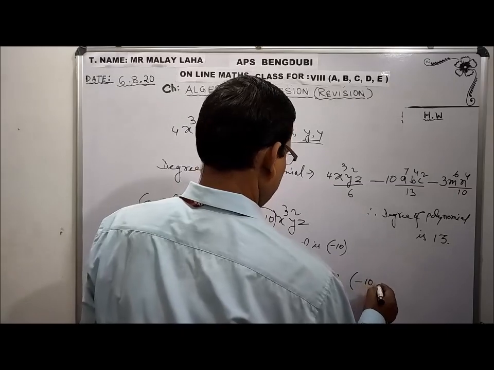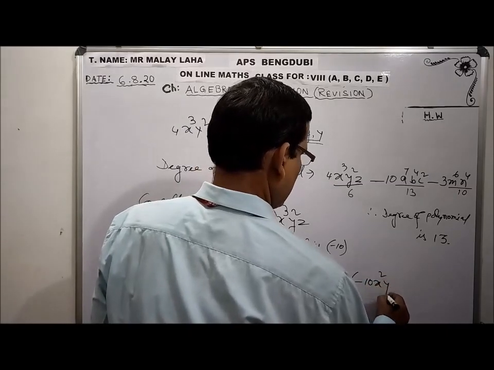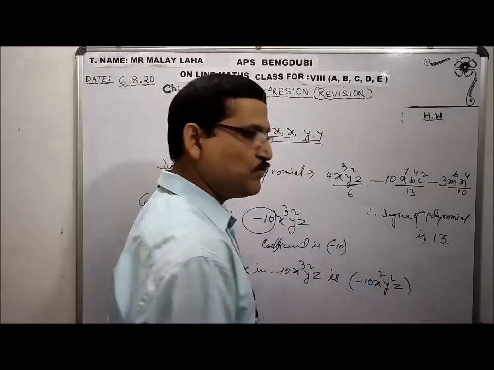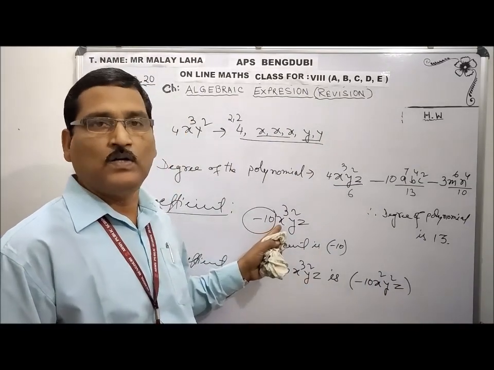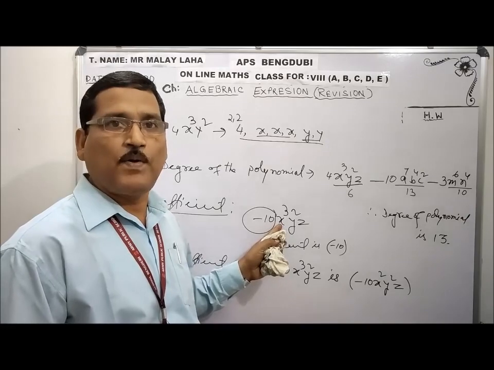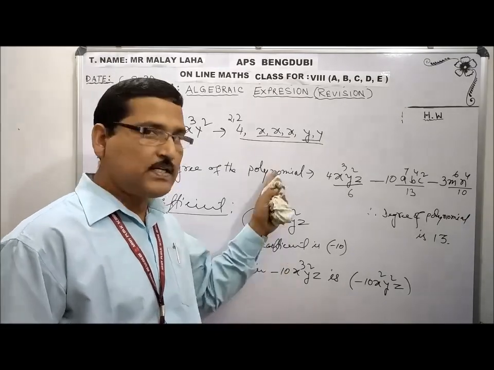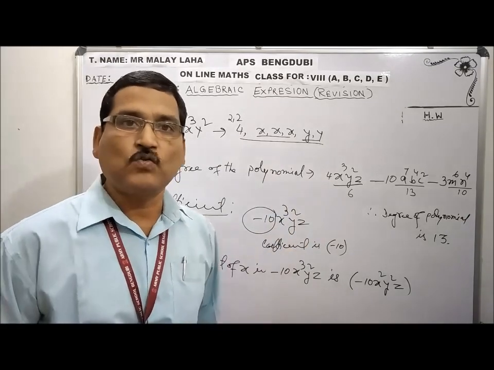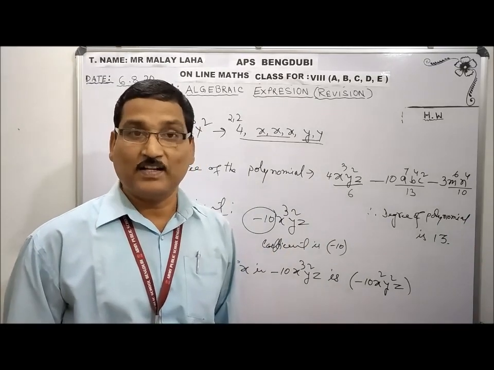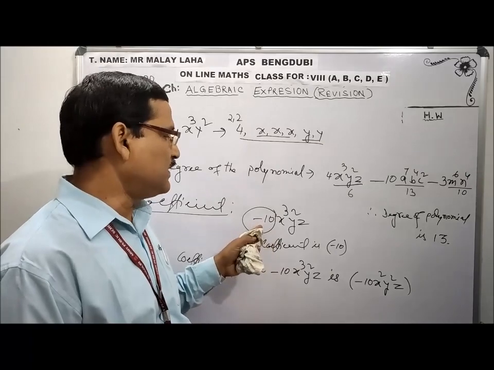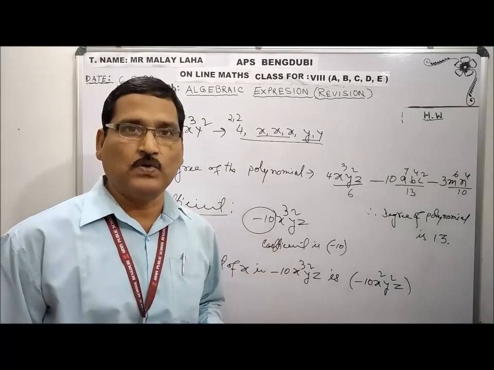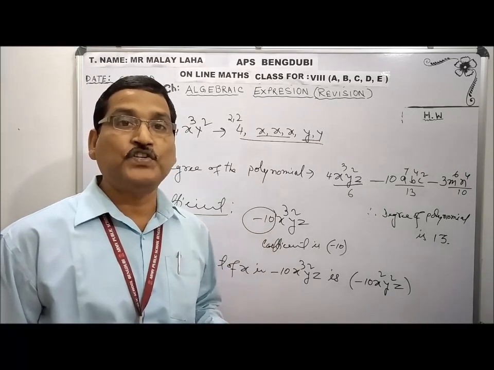Minus 10 x square y square z. You just reduce one power. Whatever the power I am talking about, you just reduce one power of the x, and whatever the remaining part is, that is the coefficient of x. Understood my point? Most of the children are making mistakes here. They are writing just minus 10. No, I am asking the coefficient of x.